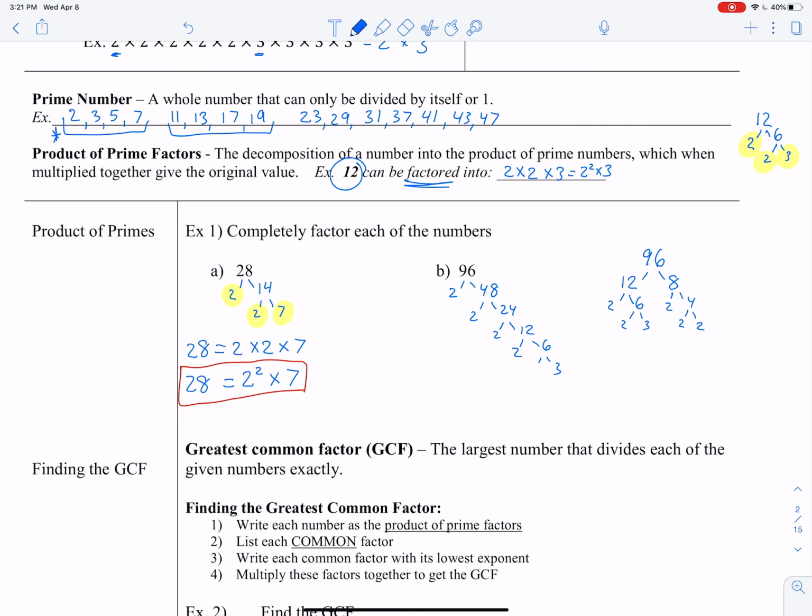Let's move it down. 96 is equal to 2 to the 5 times 3. Okay, so I have my 1, 2, 3, 4, 5 2s, that's here, and my 3. If I look at my other factor tree that I made, I have, again, 1, 2, 3, 4, 5. I have 5 2s, so that's the same, and then I have 1, 3 right here.